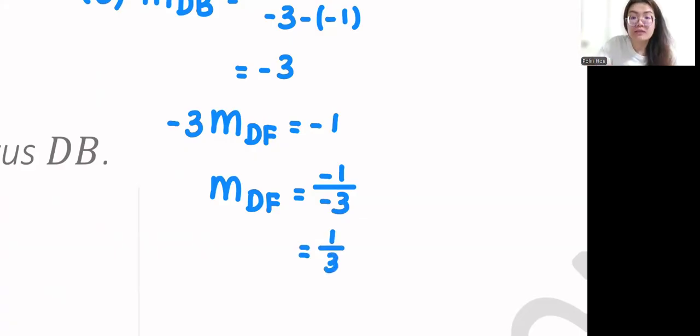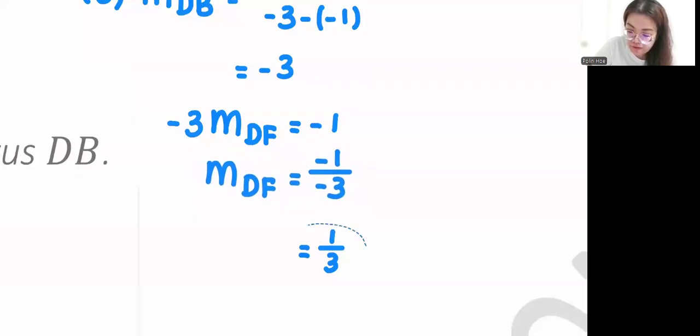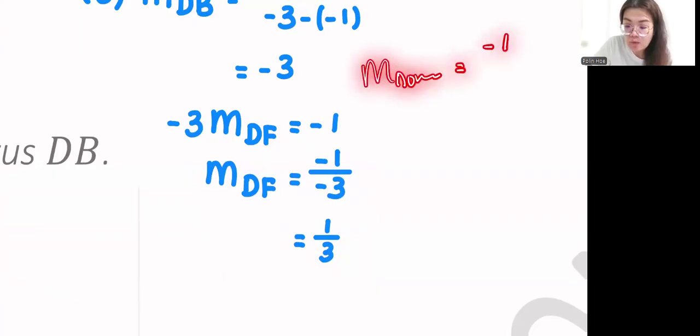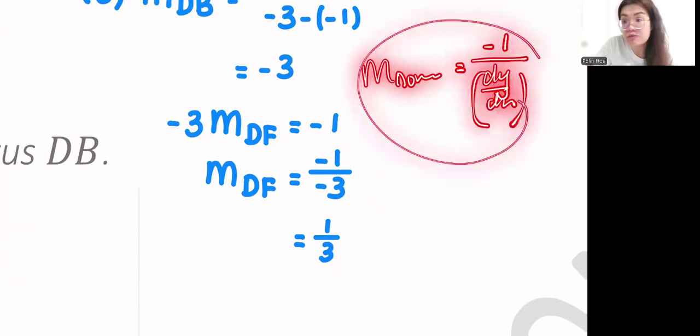为什么我说你要写全部？ Reason is simple, because next year in Form 5 Chapter 2, dy dx, they expect you to see the gradient of normal is equals to -1 over dy dx. They expect to see this.